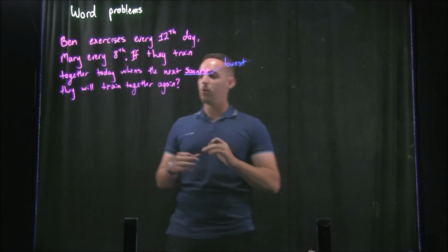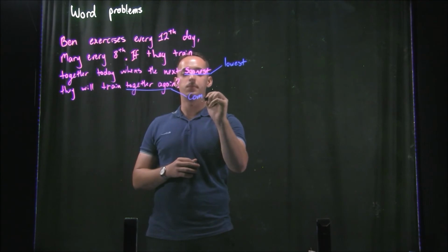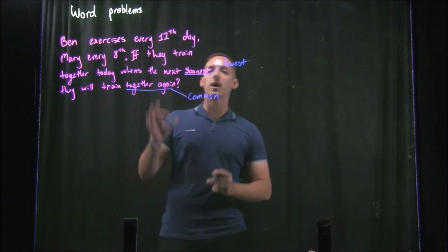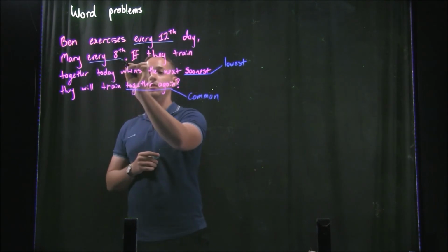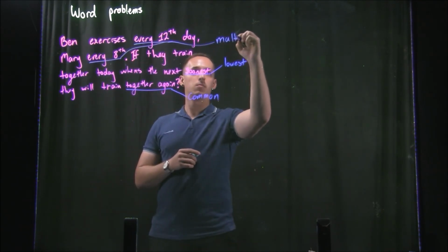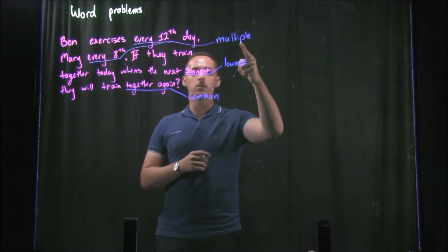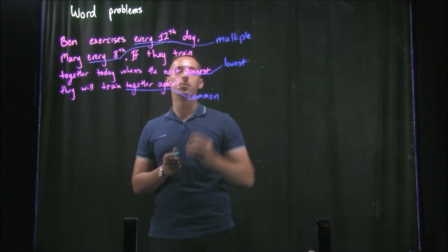We're looking for when they can train together again, so common time. And we're looking at a repeating event or a multiple event. Multiple events, soonest time they can do it again, together, lowest common multiple.